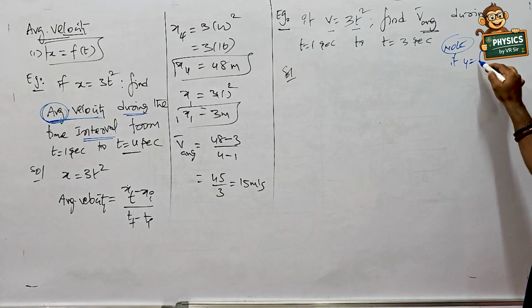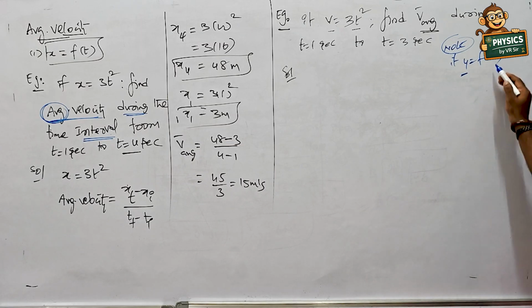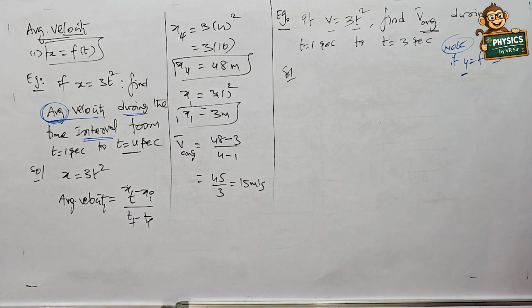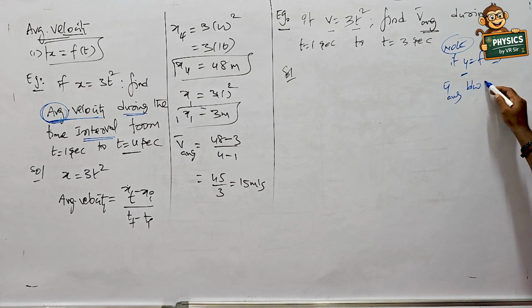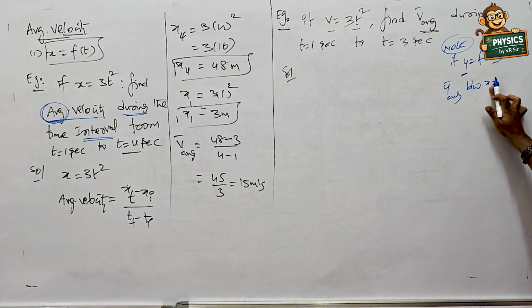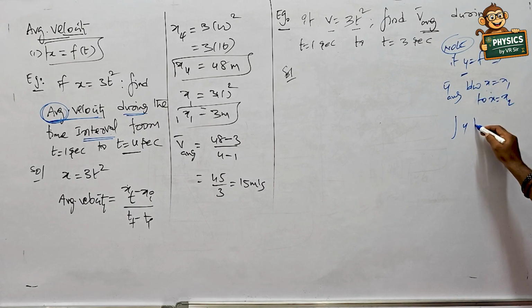If y is some function of x, y could be any physical quantity and x could be any physical quantity, but there is a relation between y and x. Now y average between x equal to x1 to x equal to x2, if they ask us to find the average value of y, it can be given as integral of y dx upon integral dx.